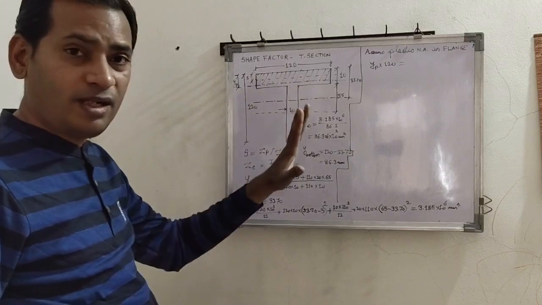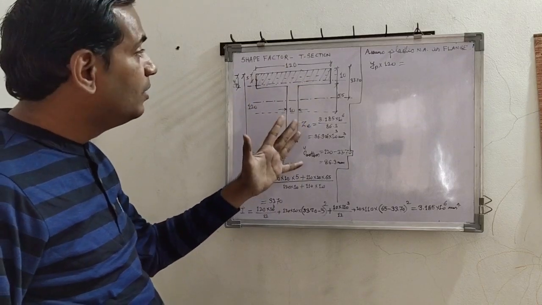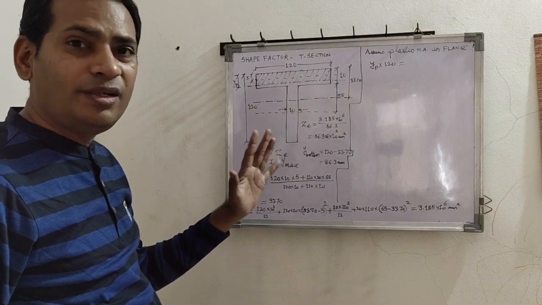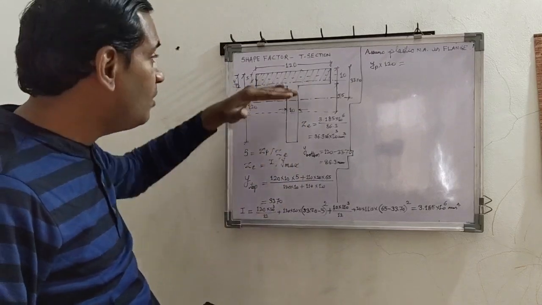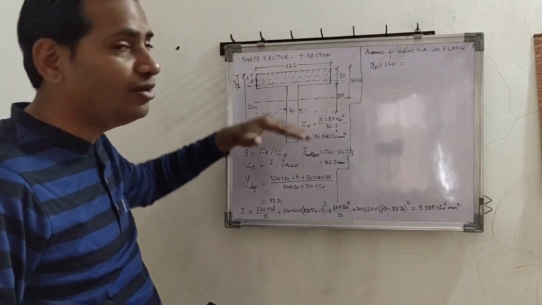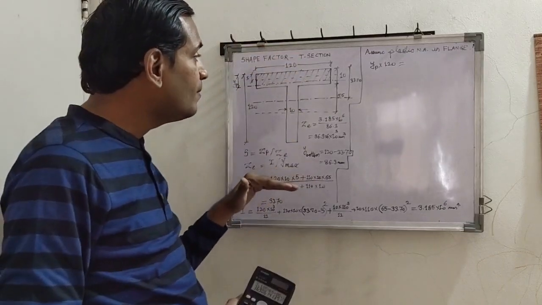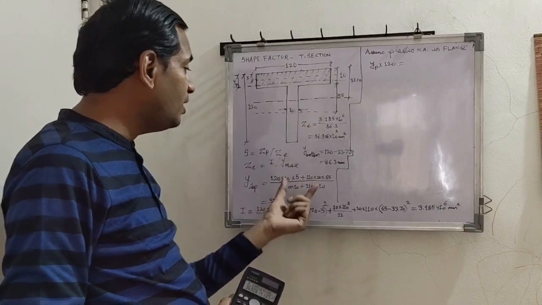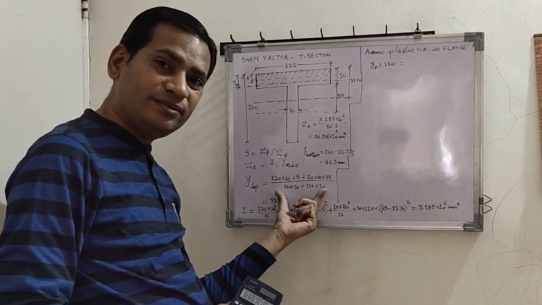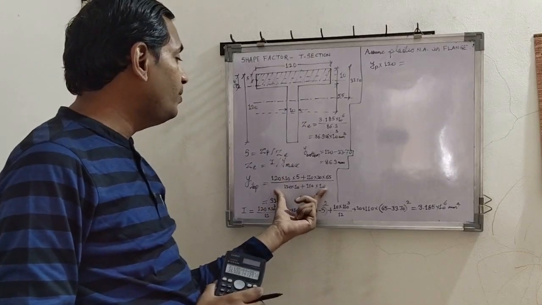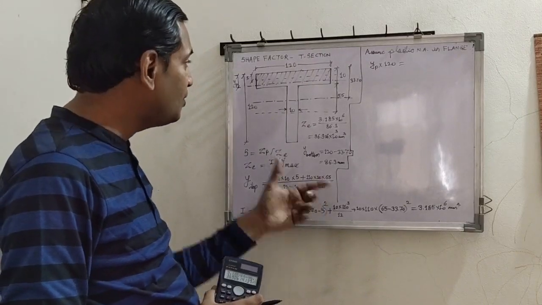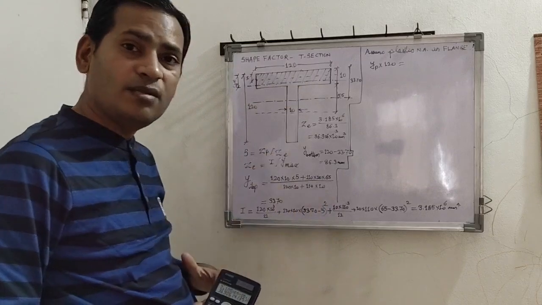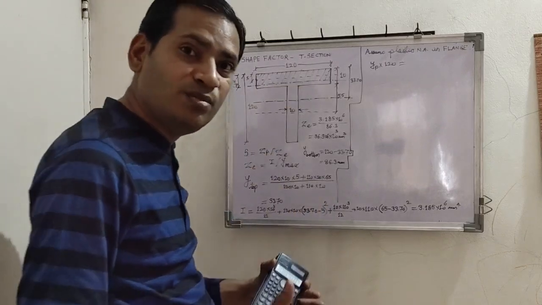But instead of that, we will make one more simple trick. We know both areas are equal, the area above the plastic neutral axis and the area below it. We know the total area, A1 plus A2, correct? So we will make half of this area, which is nothing but the area below the plastic neutral axis. Simple.